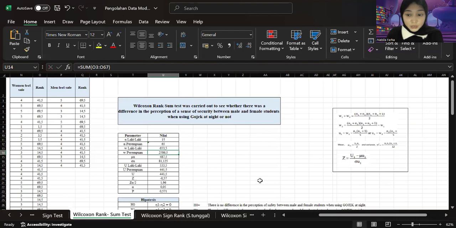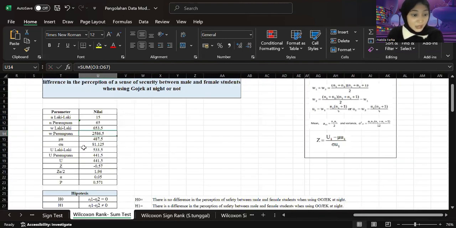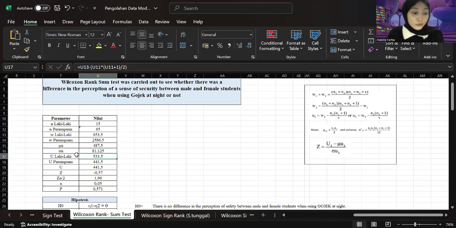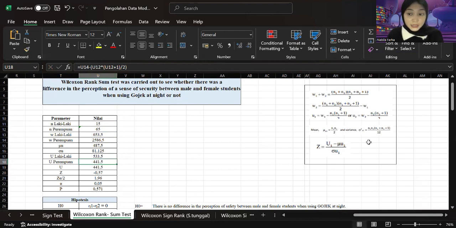Then we calculate the mean with this formula, as you can see on the screen. We also calculate the variance by the formula, as you can see on the screen. After that, we determine the U for men and U for women, with the formulas on the screen.